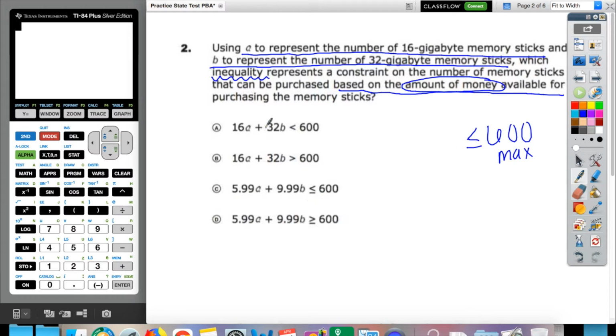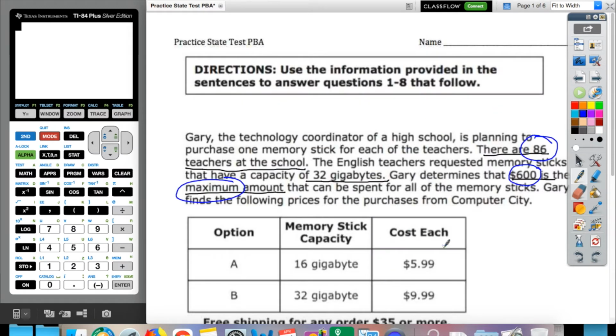Okay, and then what are we going to put in the equation? So we have 16 and 32, and we have $5.99 and $9.99. Remember, 600 is our money. This is a money inequality. So all we're allowed to put in here is money. That is it. So how much money did it cost for a 16 gigabyte memory stick? Well, if we go back to that table on the front page, those were $5.99.